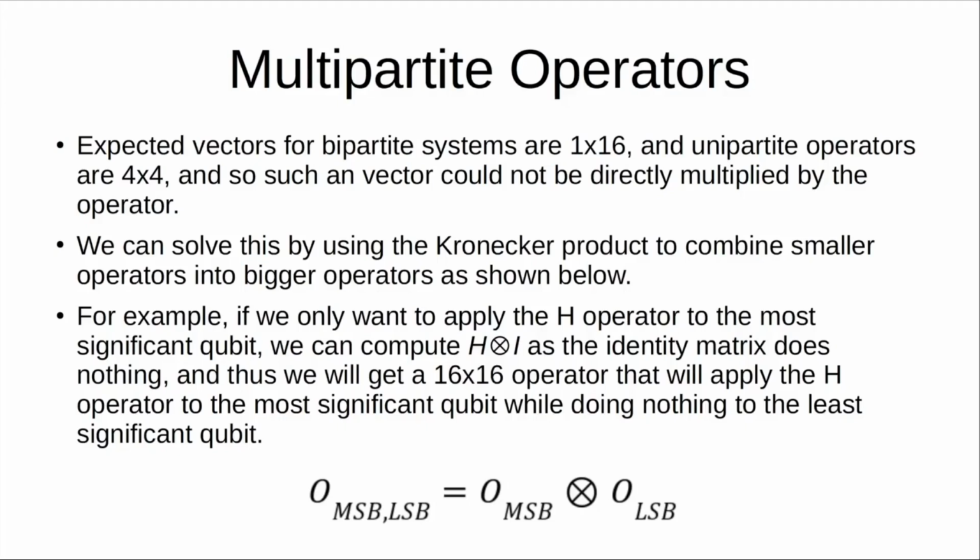As an example, let's say we want to apply the h operator to the most significant qubit, but we don't want to do anything to the least significant qubit. We can just take the h operator and the identity matrix, which is an operator that does nothing, and we can Kronecker product them together, and then we'll get a 16 by 16 operator. Then we can actually multiply that by our 16 vector, and the result of that will apply the h operator to the most significant qubit while doing nothing to the least significant qubit.